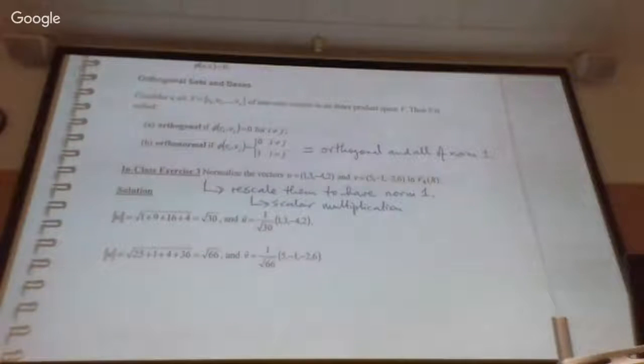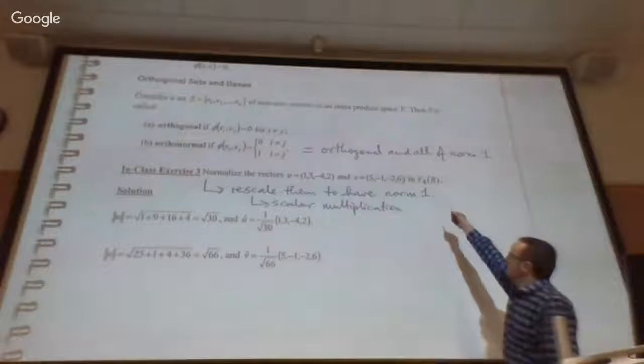Now you'll notice here it's using the language of norms and so on, but it's not telling you what the inner product is. If it's not specifying an inner product, then you should default back to whatever the appropriate standard inner product is for that space.